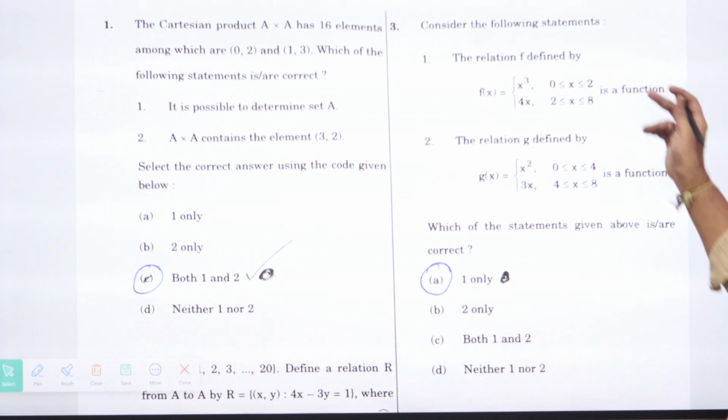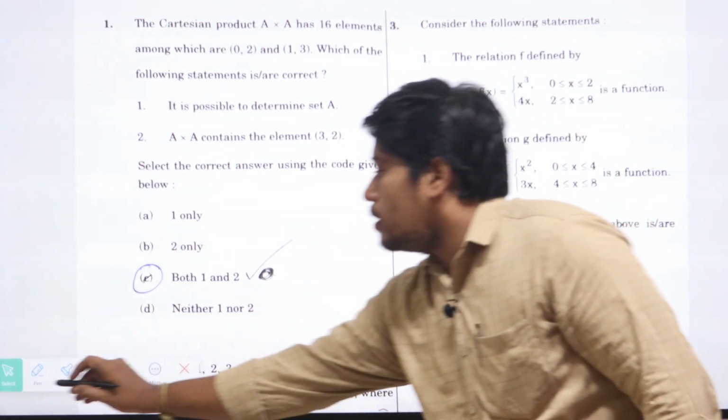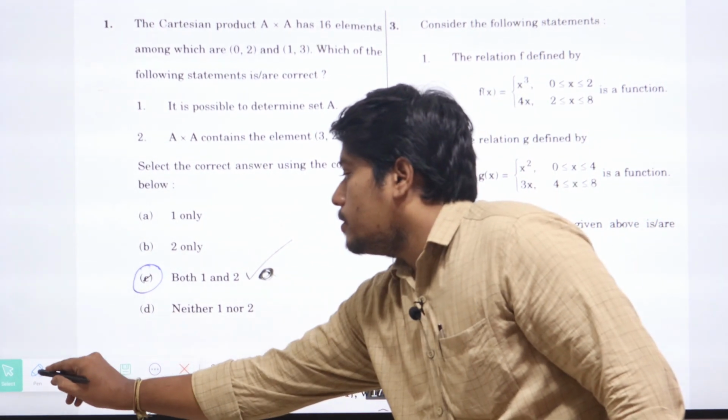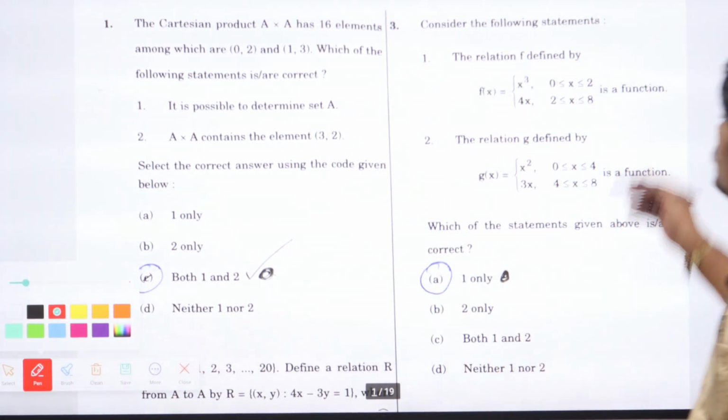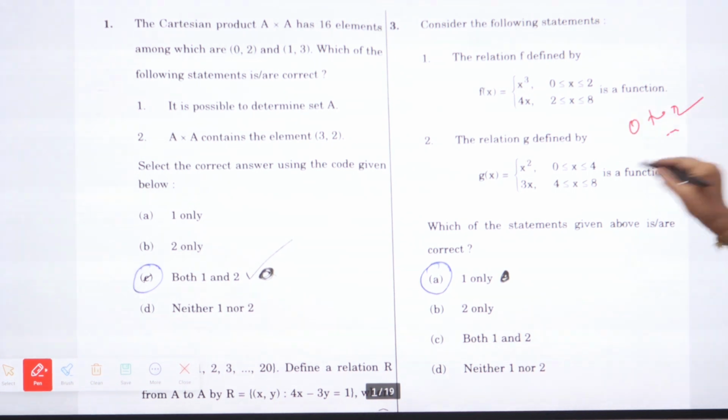So f of x is defined as x cube for the values 0 to 2, and 4x defined from 2 to 8.